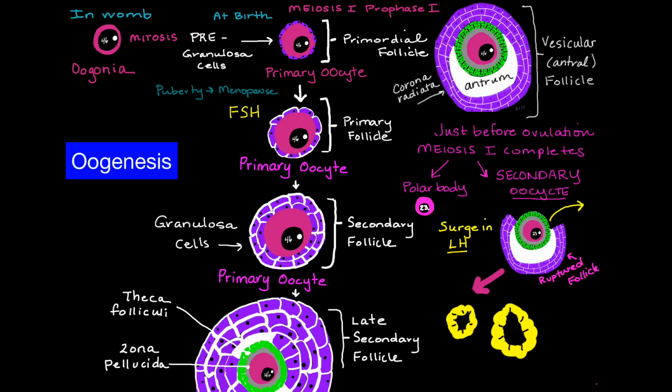So our corpus luteum gets bigger, it starts to develop, it gets really large as it's taking over and producing all of the progesterone and estrogen. And then finally, if fertilization does not occur, it starts to break back down and degenerate into a corpus albicans. So it switches over to the name of a white body. I kind of drew it orange here, but it's essentially deteriorating.